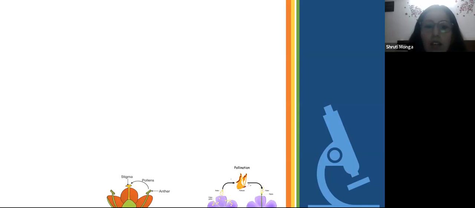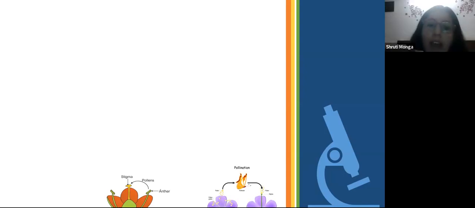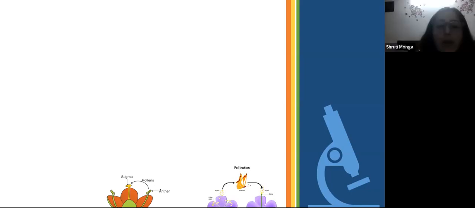Can you see pollination written in the purple flower picture? Yes, above a butterfly. And can you see stigma, pollen, anther written in the red flower picture? Yes, ma'am. That's all we require.